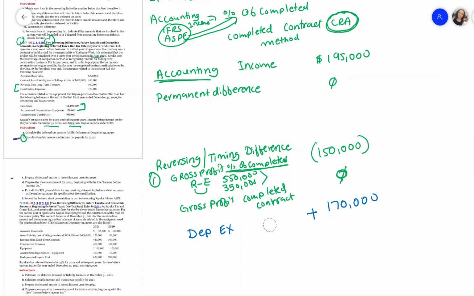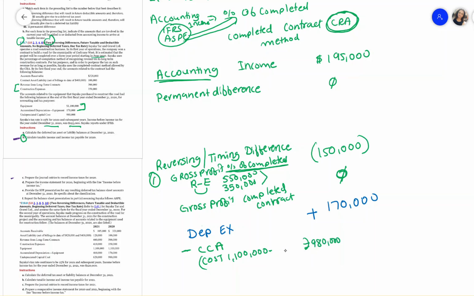Because it's an accounting depreciation, we add it back. If we add it back, it is a plus. And then we minus any CCA. Do we know what the CCA is? Since this is the first year, the cost that we started off with is 1.1 million, and our UCC is 980,000.